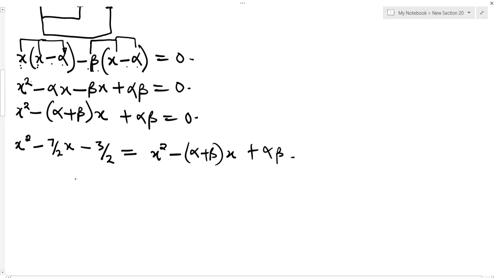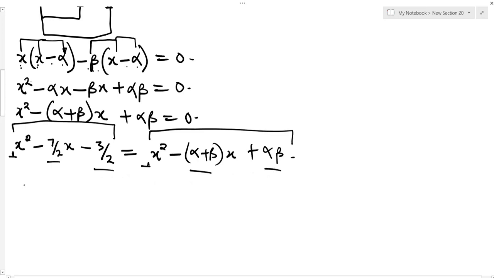Now, since they are equal, the coefficient of x squared is the same, which is 1 here, 1 here. Then the coefficient of x will also be equal, and the constant will be equal to the constant here.